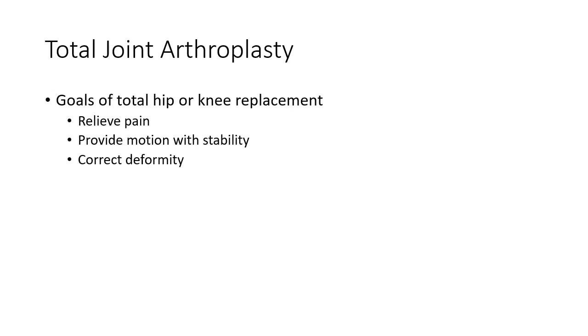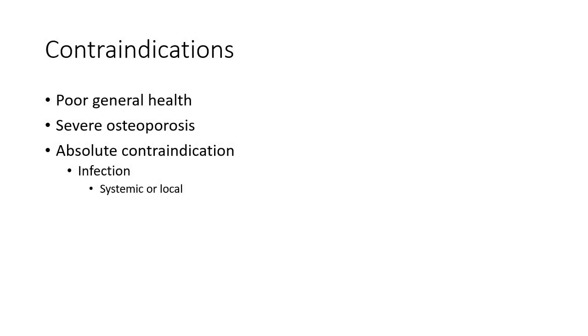So the goals of total hip or knee replacement is to relieve pain, provide motion with stability, and correct the deformity. Are there any contraindications for arthroplasty? Yes. Poor general health, severe osteoporosis, those conditions you won't do these arthroplasties.